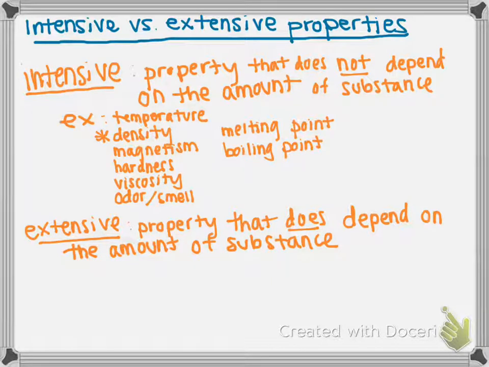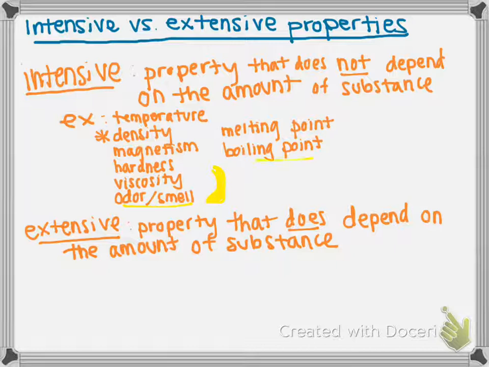So what it means by it does not depend on the amount of substance is, let's think about smell real quick. If you have a banana, it's a really bad banana, but if you have a banana, it's going to smell like a banana whether you have a little piece of it or whether you have the whole thing. So it does not depend on the amount that you have. Its property is an intensive property.